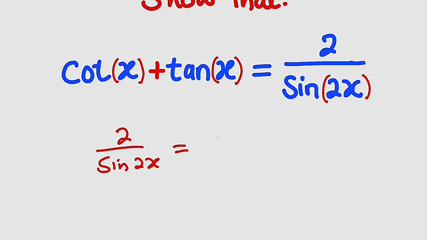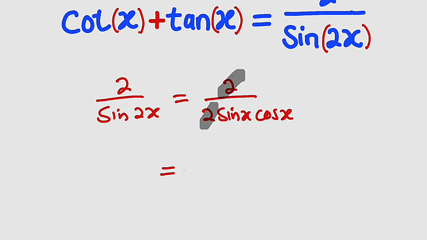So this is the same thing as saying 2 divided by 2 multiplied by sine x multiplied by cosine x. From here, you can see that 2 will go into 2, right? So what do we have? We have this to be 1 divided by sine x multiplied by cosine x.